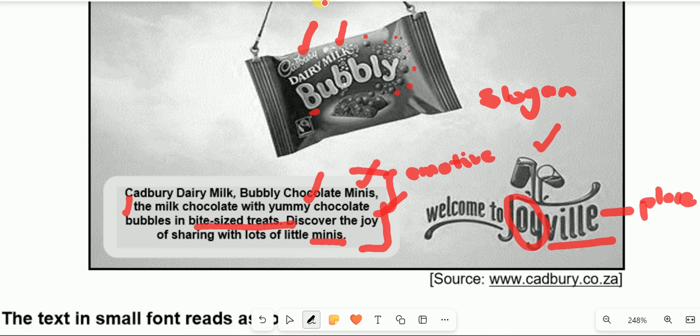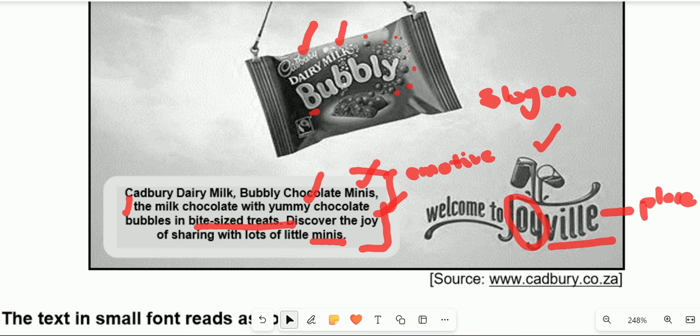It does not mean literally. So it's a metaphorical representation of the feeling of excitement or the feeling of joy. It's represented as if the chocolate will transport you to a place of joy, not literally, but it's a figurative expression, metaphorically representing the feeling of joy.